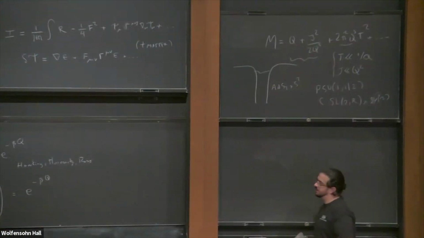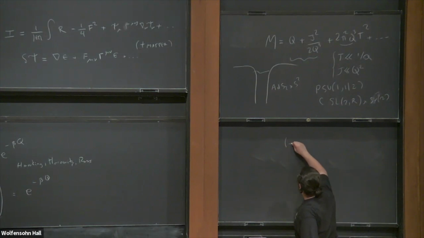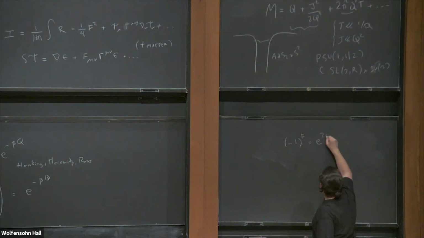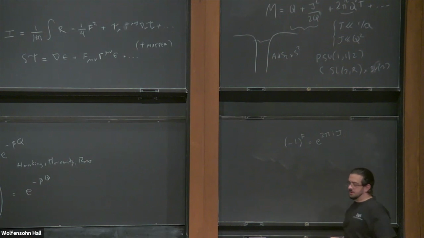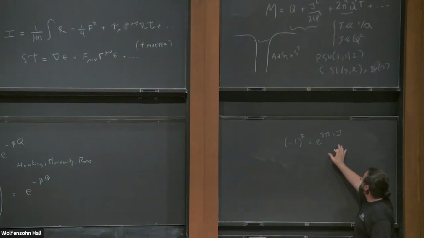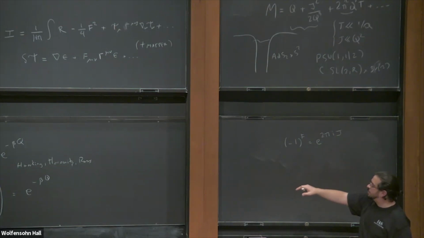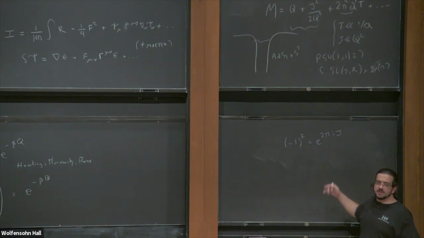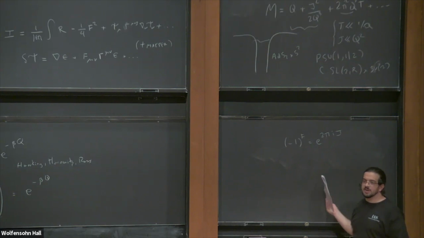So the way we do it in that paper is, first one can realize that -1 to the F is equal to e to the 2 pi iJ. So states with half integer angular momentum have -1 to the F equal to -1, otherwise 1, and we can think of this insertion of the -1 to the F as inserting this operator, and then we can think of this as the path integral evaluated at the particular value of angular velocity, which is imaginary.